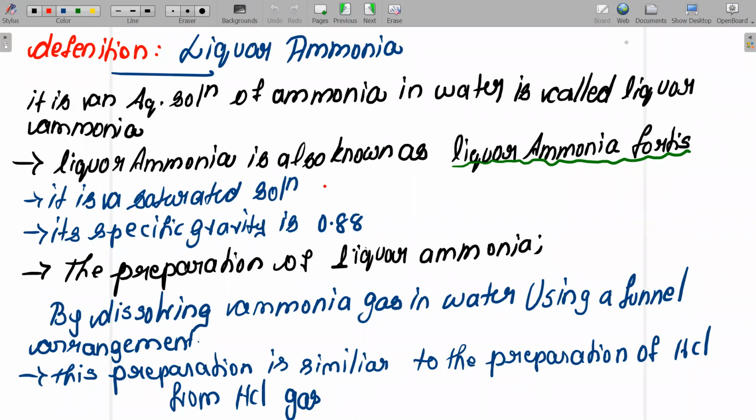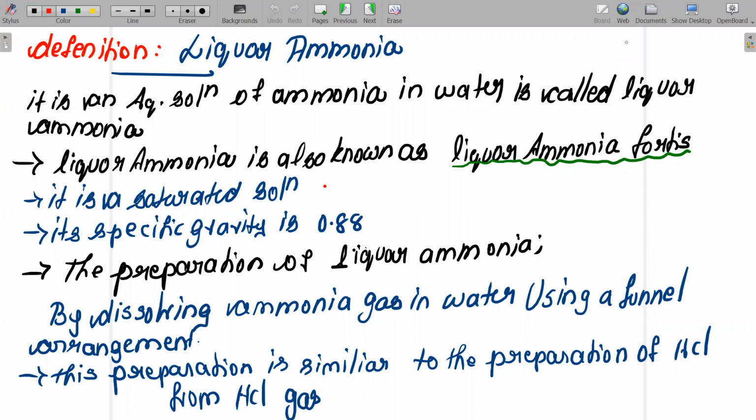We are going to introduce our topic, that is nothing but liquor ammonia. Liquor ammonia is nothing but the aqueous solution of ammonia in water. Just now, sir explained what you mean by aqueous solution, right? That aqueous solution of ammonia in water, we call it liquor ammonia.